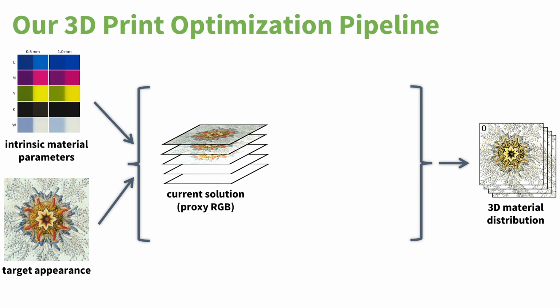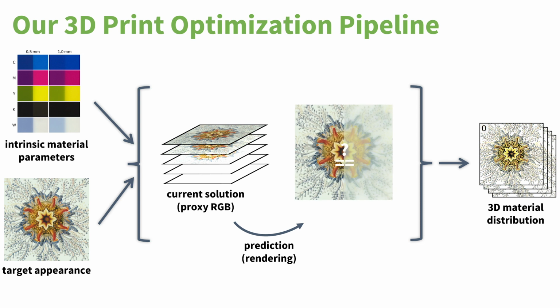And then we use rendering, light transport simulation, to predict how the 3D print would look like should we use this distribution of materials. And then we see, well, the current solution doesn't really match what we want, so we modify the solution, get a new guess, again predict how it would look like, and just keep going until convergence.